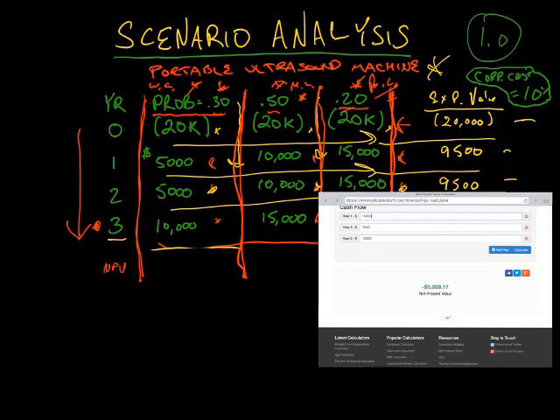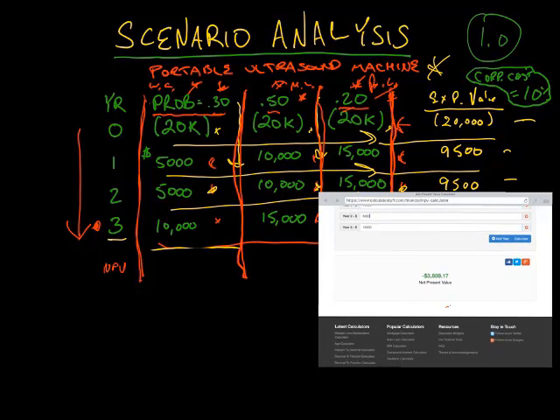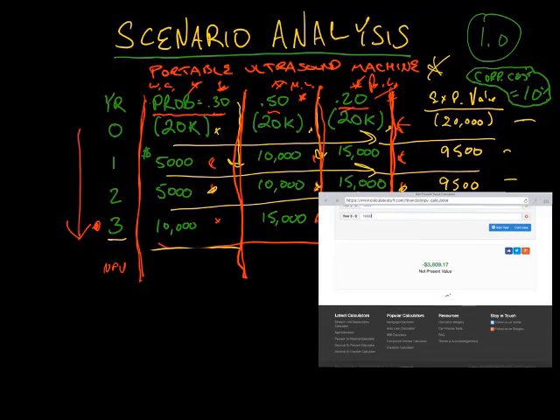And then we're going to do another 10,000. Again, hope you're following along with me here. And then we'll do 15,000. That included potentially some salvage value in there.